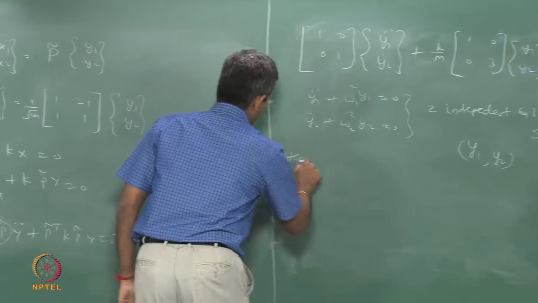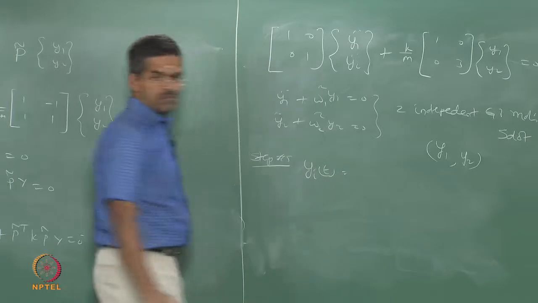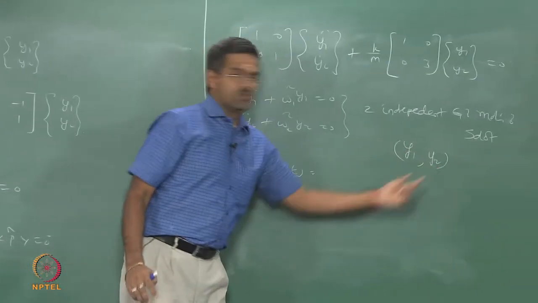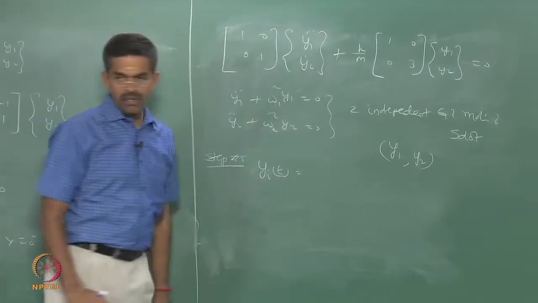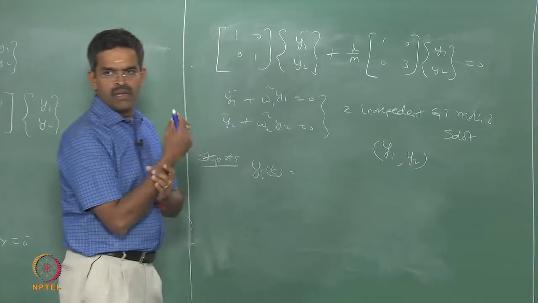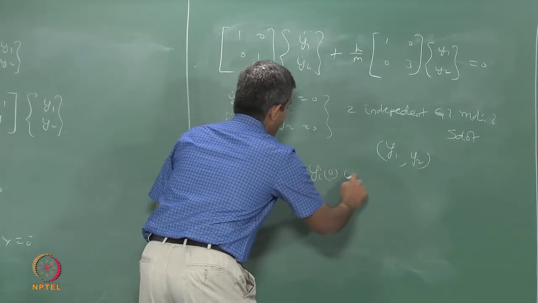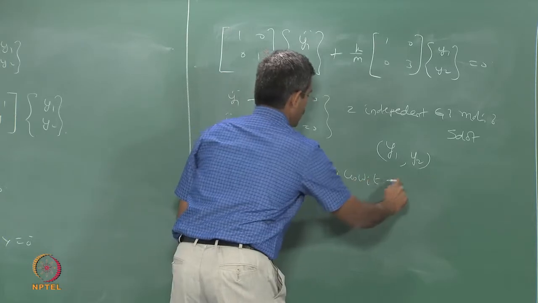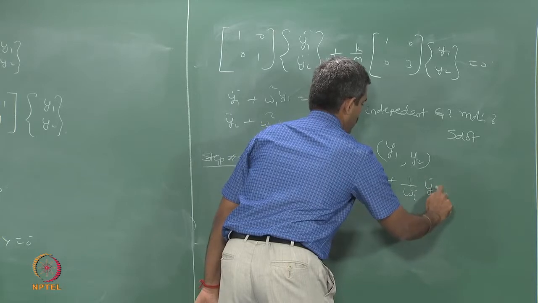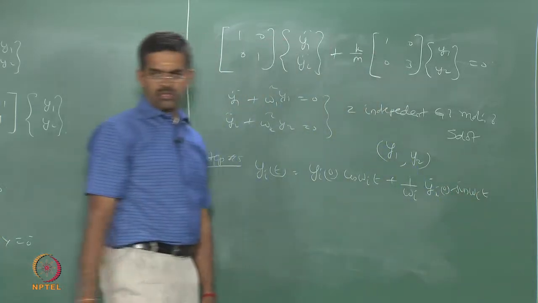Step number 5, we know yi of t, i may be either the first or 2, that does not matter. yi of t, single degree undamped system, free vibration, is yi of 0 cos omega i t plus 1 by omega i y dot i of 0 sin omega i t, that is a general solution.